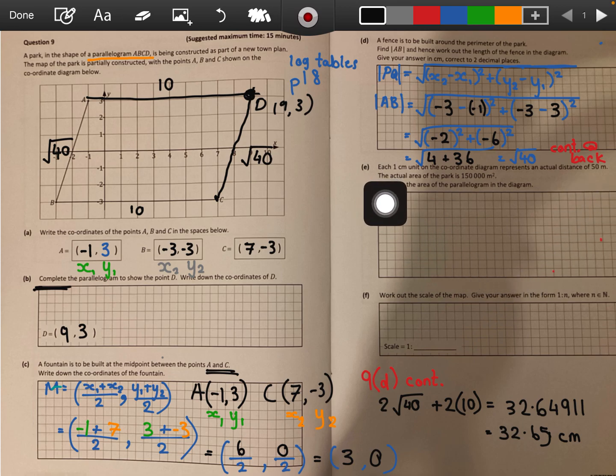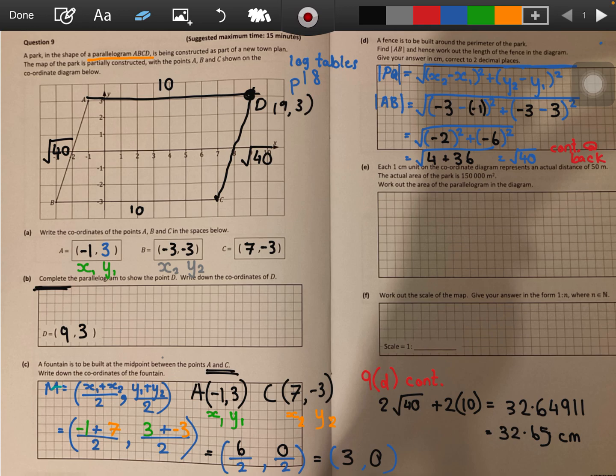Okay, part E then says each 1 centimeter unit on the coordinate diagram represents an actual distance of 50 meters. The actual area of the park is 150,000 meters squared. Work out the area of the parallelogram in the diagram. So they have given us each 1 centimeter is 50 meters.